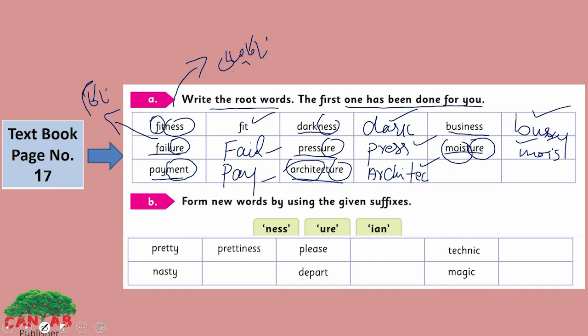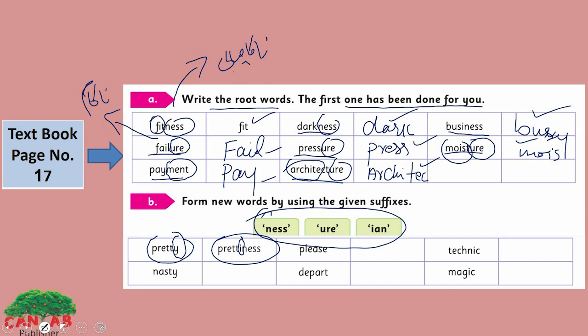Now look at section B here, form new words by using the given suffix. We have given words, we have to add these three suffixes here: ness, ure and ian. Yes, first one is done for you, pretty, prettiness. As I told you, when we have a root plus suffix word, we change Y to I. Yes, like we did with business.